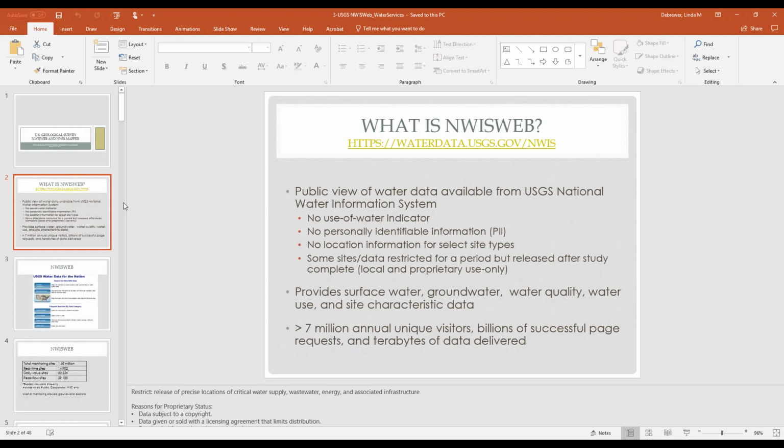If you look at the USGS wells that are scattered across the nation, you may need to pinpoint specific types of wells, and we don't give you all that type of information. You may have to contact the local office to get it. We also don't share, like I said earlier, the public personal information, and we restrict the actual location information, the latitude and longitude, for certain site types.